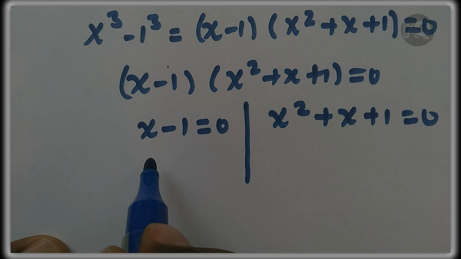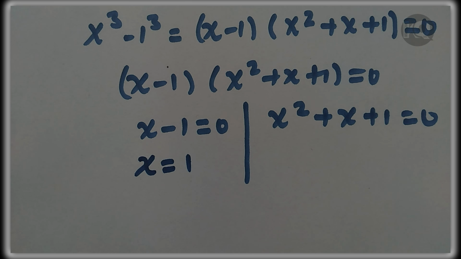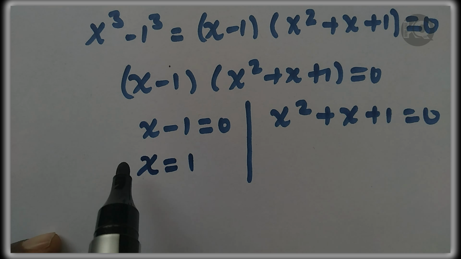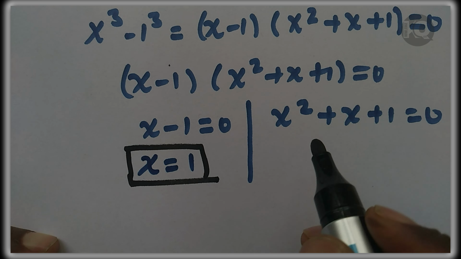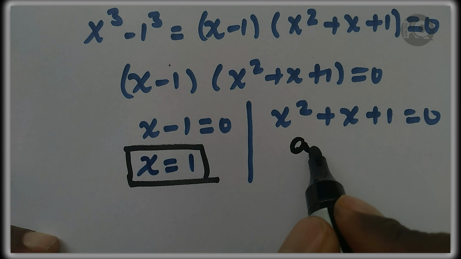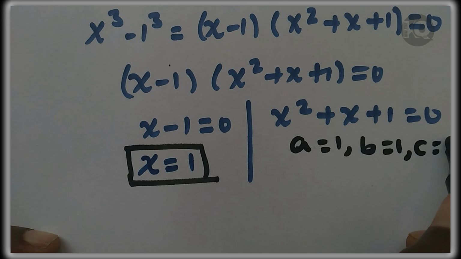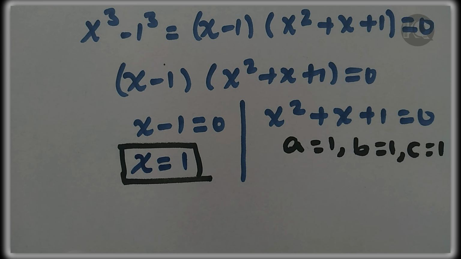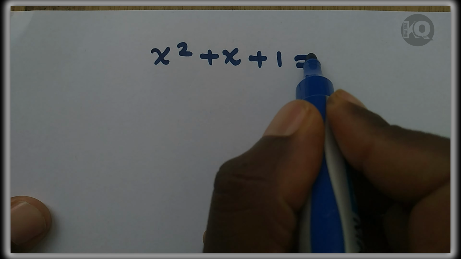For this case, x is equal to 1, and for this case we have a quadratic equation, where a is equal to 1, b is equal to 1, and c is equal to 1. Let's solve for x for the second case, that is x squared plus x plus 1 equals 0.